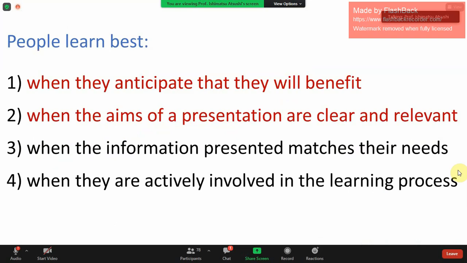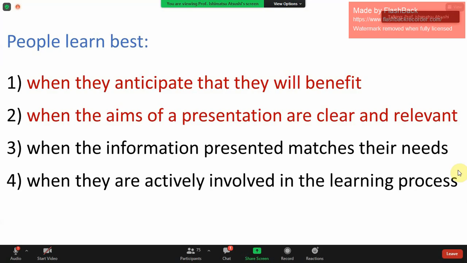And people learn well when they think that the presentation will be beneficial to the audience. Okay, I hope you think my presentation will be beneficial to you. And number two, when the aims, the purpose of the presentation, are clear.